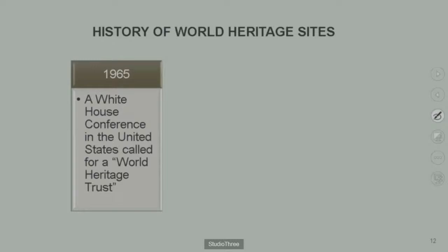So the project cost 80 million US dollars, but UNESCO invited people from all over the world and collected 40 million dollars from about 50 different countries of the world. UNESCO got success through the project, and for the first time ever in the history of the world, an international organization came and very safely dismantled one country's historical sites.